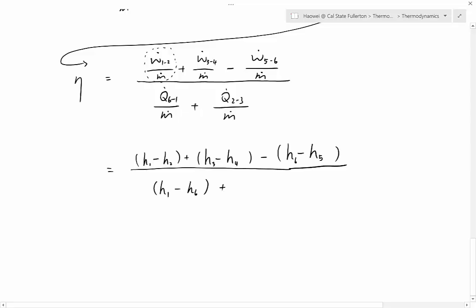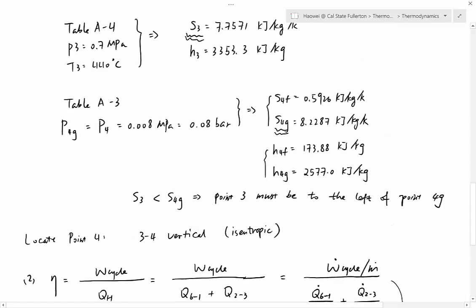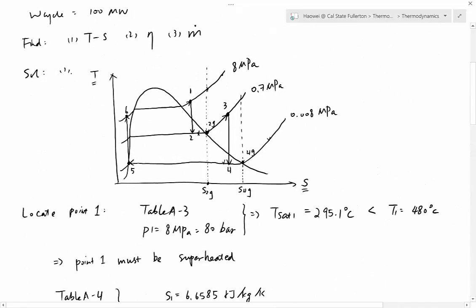And then the last one, 2 to 3. Do we use H2 minus H3 or H3 minus H2? Which one has more energy? Let's take a look. 2 to 3 is going through the boiler again. So that means during this process, you gain heat. If you gain heat, you must have more energy at the end. So H3 must be bigger.